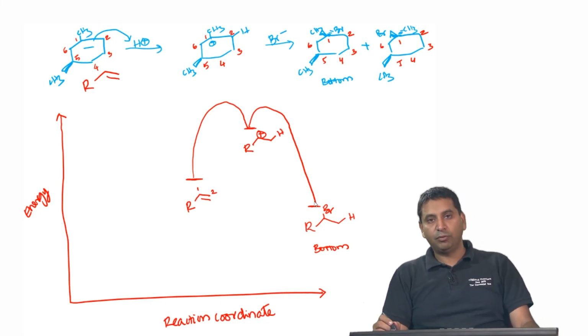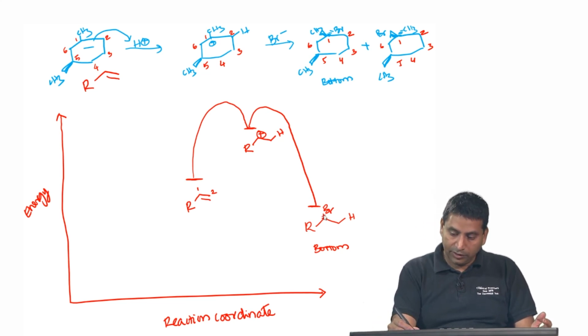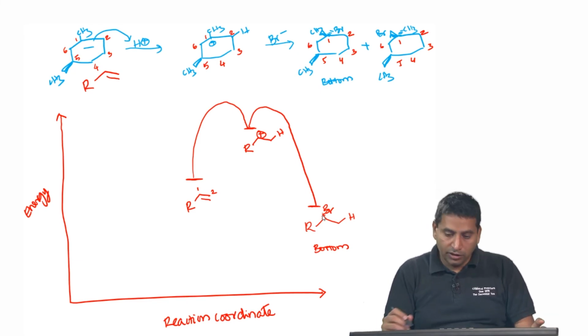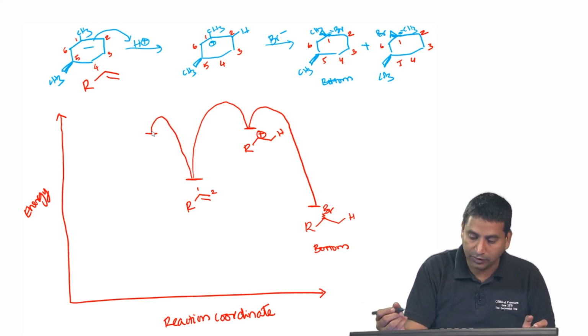So, if this is the energy profile, now if this is one of the major products where the Br is in the bottom face, then this would be the product. And if I have to be completely correct about my energy profile, what I would have to do is to draw a similar energy profile for the top face. Okay.